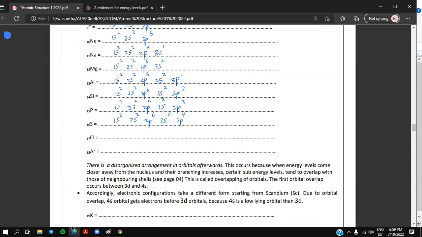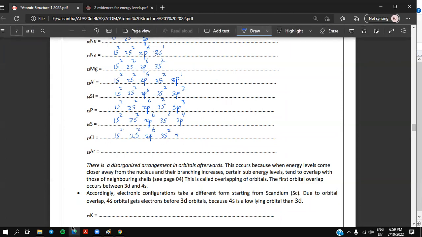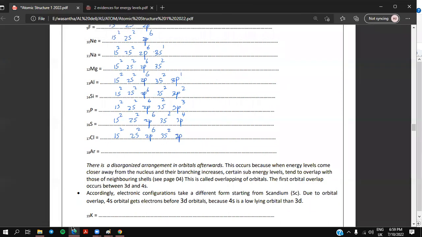Next one, 17 electrons. 1s2, 2s2, 2p6, 3s2, 3p. There should be 2 plus 2, 4 plus 6, 10, 10 plus 2, 12, 5 electrons.